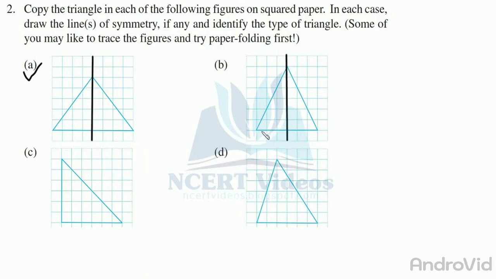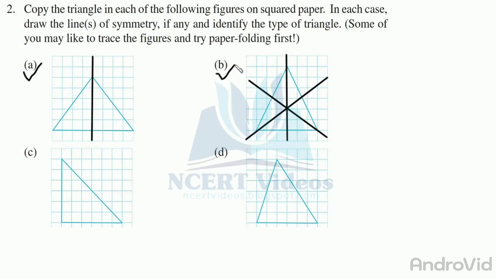If you place the mirror on any of these 3 lines of symmetry, you will be able to get the other side of the triangle. Make sure it passes through one vertex and goes to the middle of the opposite side. So these were the 3 lines of symmetry you will make for your equilateral triangle.